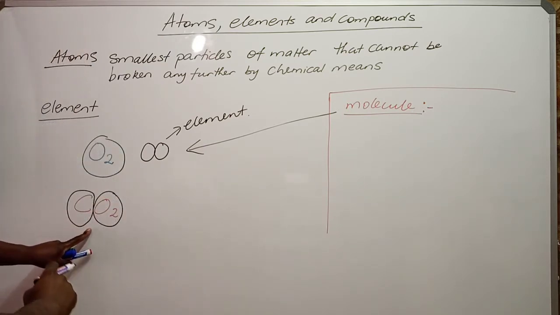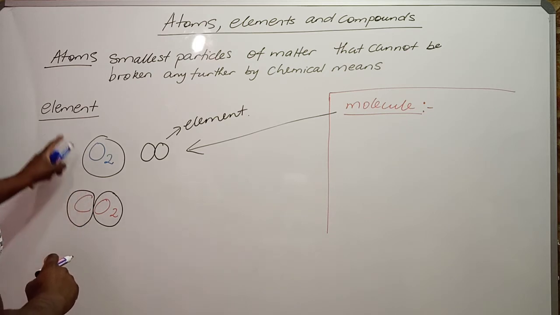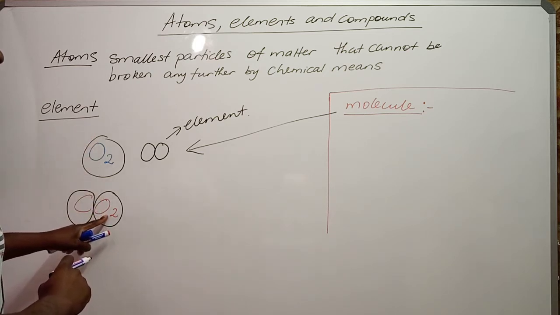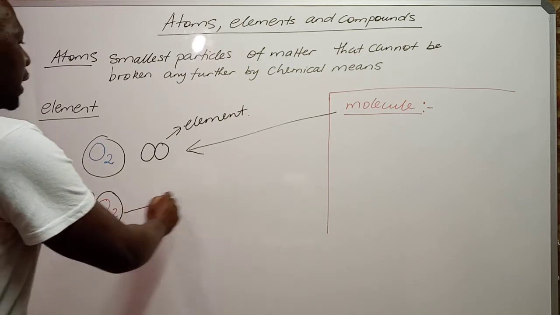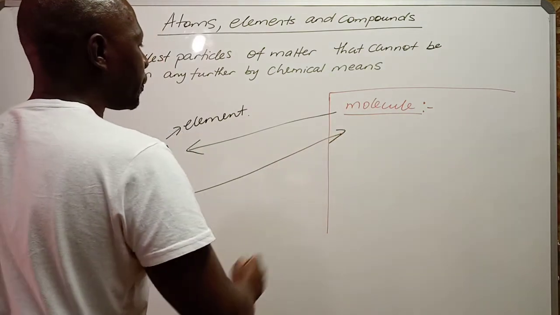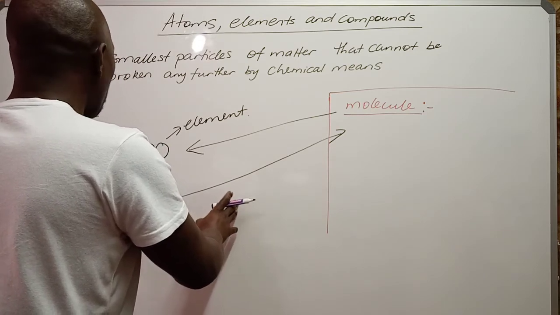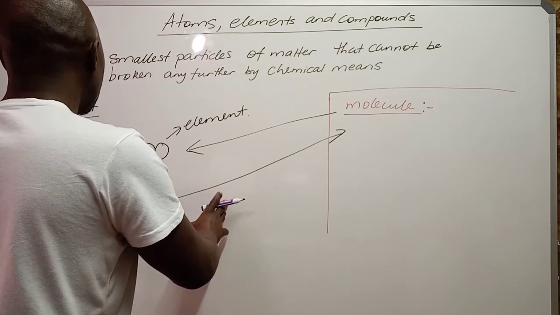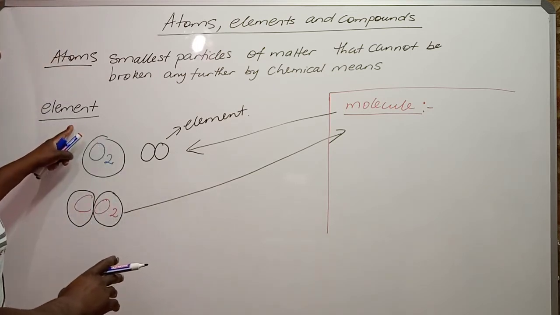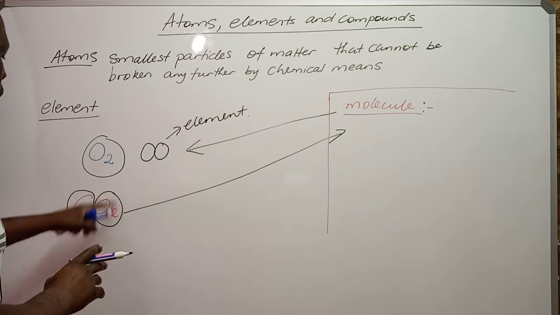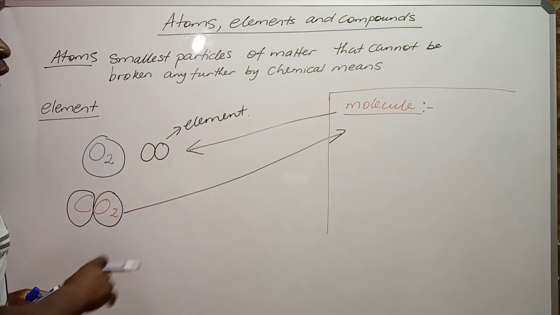This is a compound because we have got carbon elements and oxygen elements. So this is a molecule, but this molecule is made up of two different elements. So there is more than one kind in this molecule.